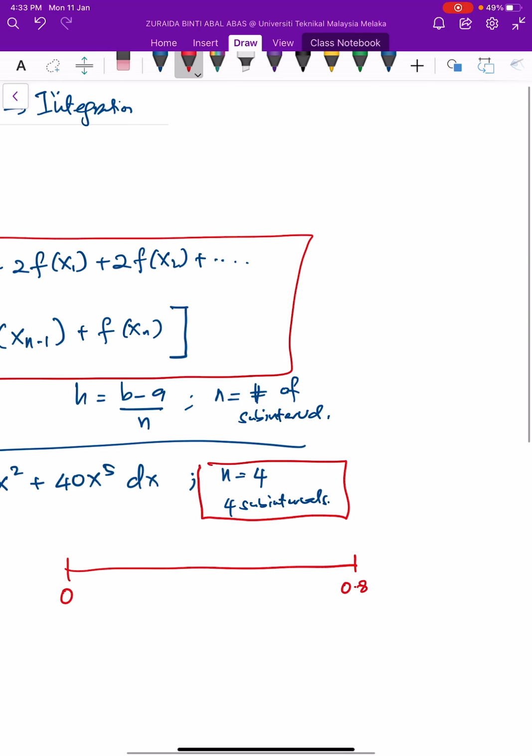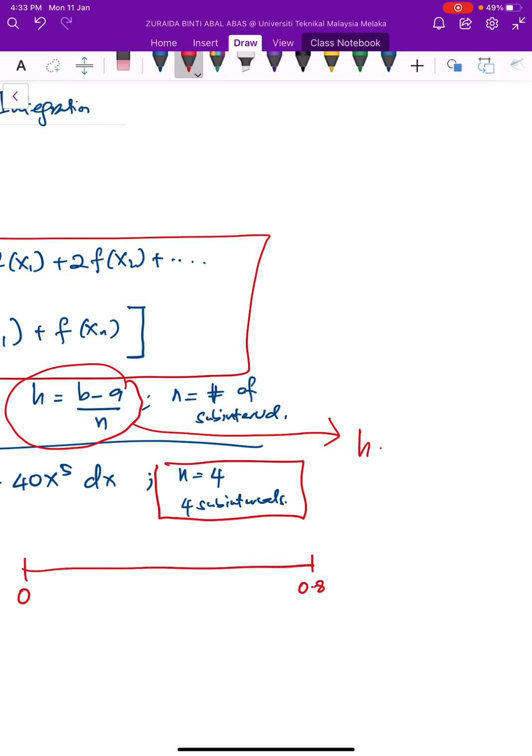It means that you need to plug into this formula here. So you have h equal to (b minus a) divided by n. So our b is 0.8 and our a is 0, divided by, remember that we have 4 subintervals, the n. So this is going to be divided by 4. So you will have 0.2.